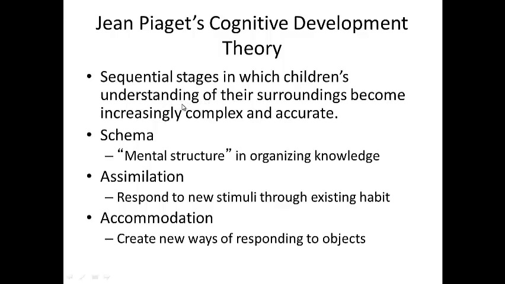So it's a stepwise process from one step to the next, and they increase their ability so that their understanding of their surroundings becomes increasingly more accurate and complex. And according to Piaget, children do that by developing schema, which are mental structures used to organize knowledge.